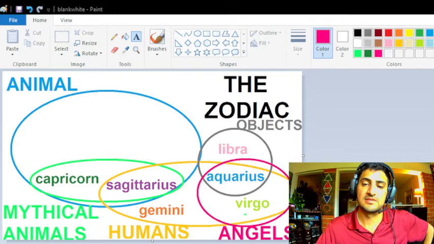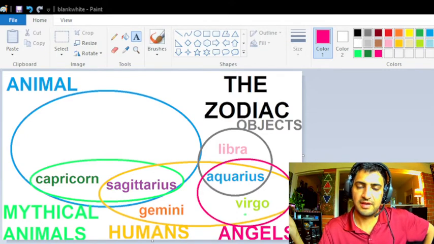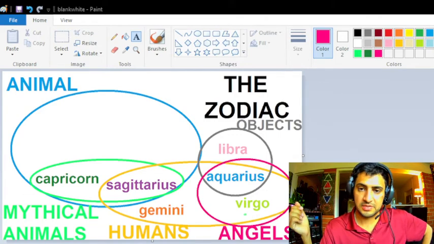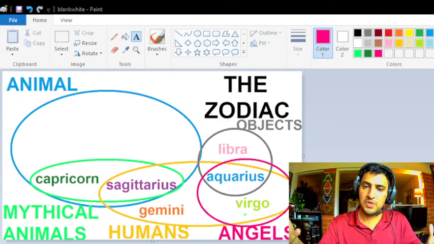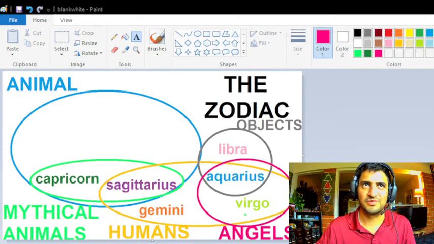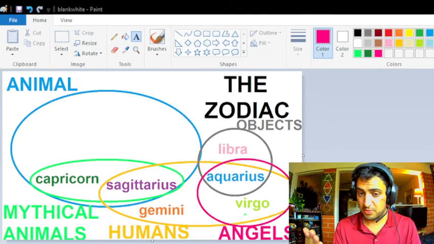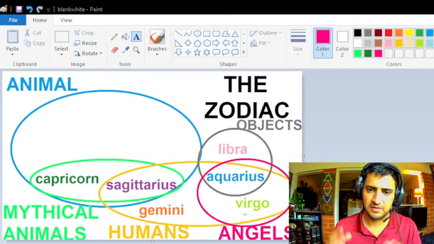So for instance, if someone has Gemini sun, Aquarius moon, Sagittarius rising, those are all human signs. So this person's going to be very analytical, very intellectual. They're going to like some philosophical debates and stuff. You know what I mean? And the same is true of any Sagittarius, Gemini, Aquarius, Virgo, Libra. They're all intellectual. They're very in their heads.